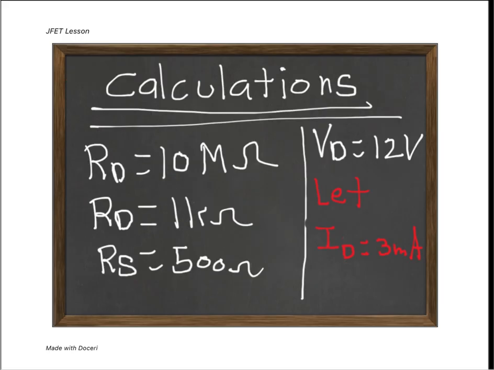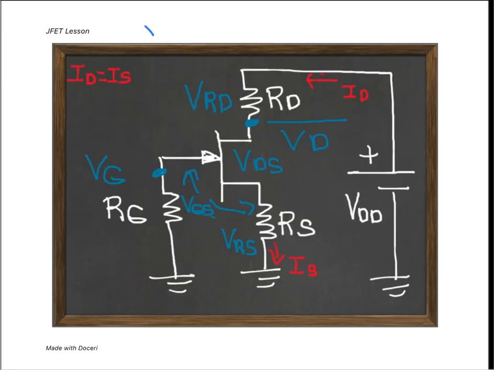Okay, so this here should be the gate resistor, and this should be VDD. So that would mean then back on here, that's 12.